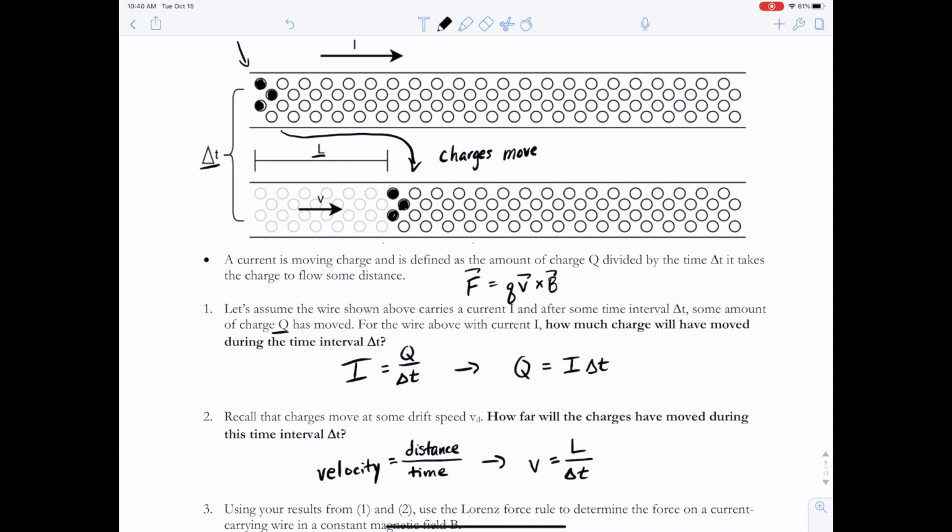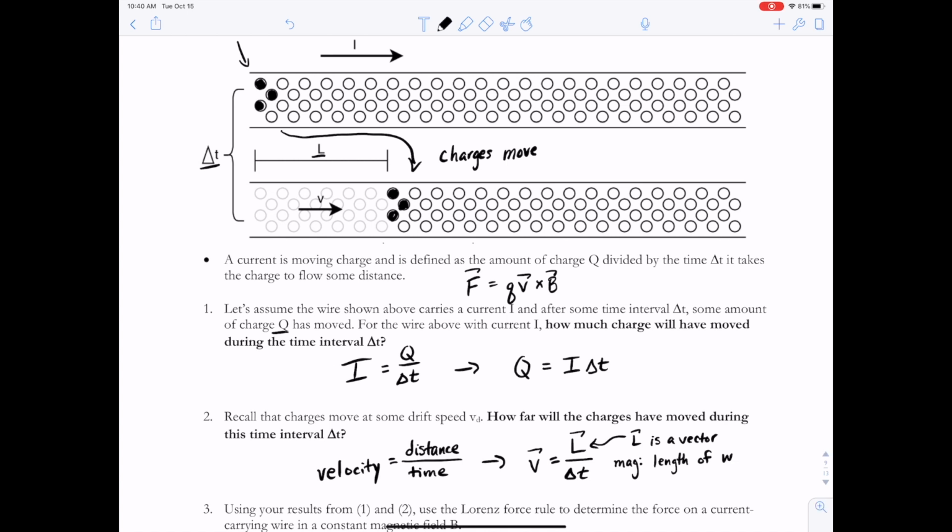But remember, velocity is a vector quantity, which means on the right-hand side, one of these must be a vector as well. It cannot be delta t because time is never a vector quantity, so it has to be this L, this distance. So L is a vector quantity, and like all vectors, it has a magnitude and direction. The magnitude is simply the length of the wire.